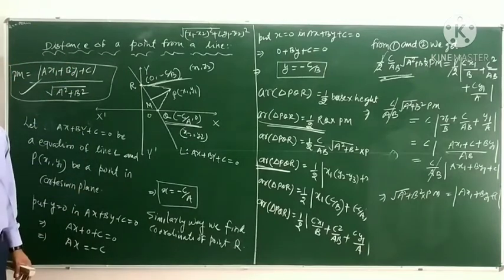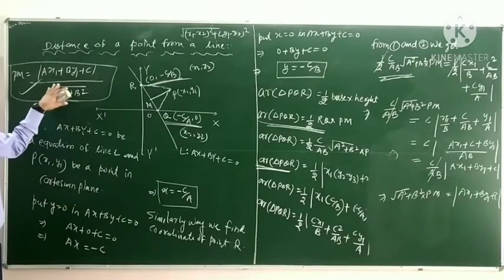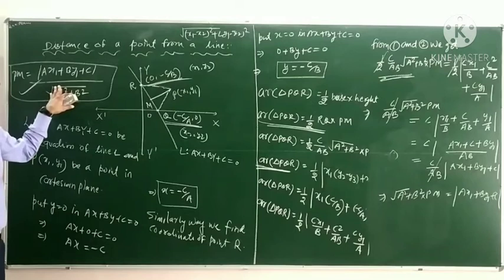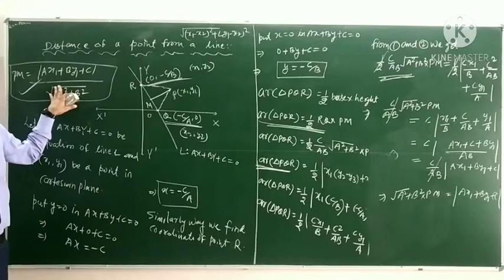PM is the mod of Ax1 plus By1 plus C upon square root A square plus B square. Okay students, this is a formula of distance of a point from a line. The coordinate of the point is x1 comma y1, and the equation of the line is Ax plus By plus C equal to 0.